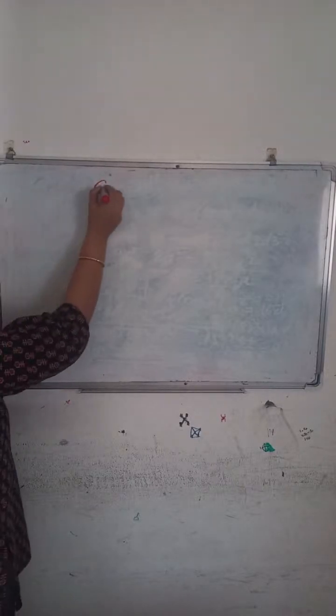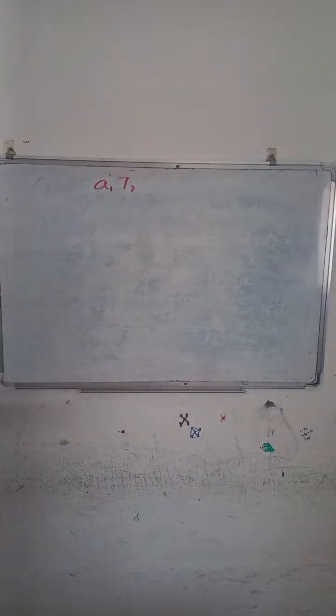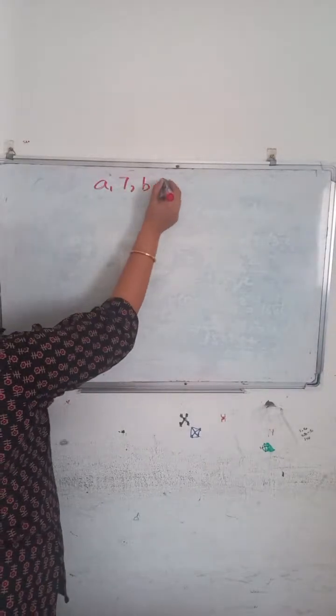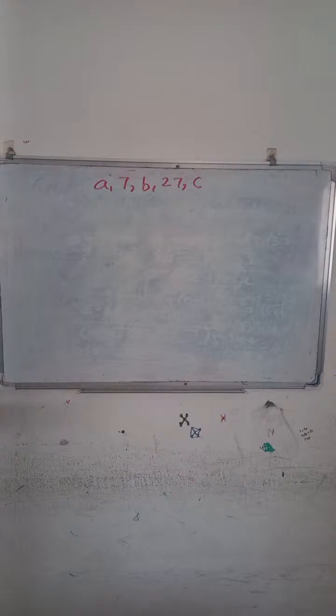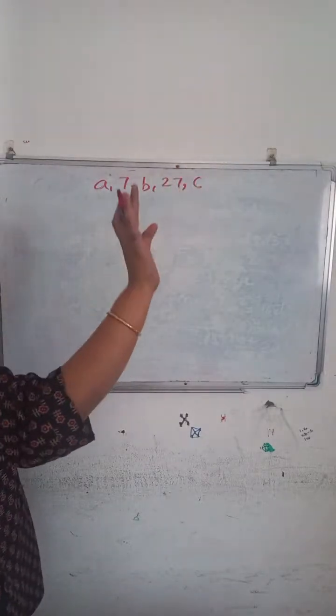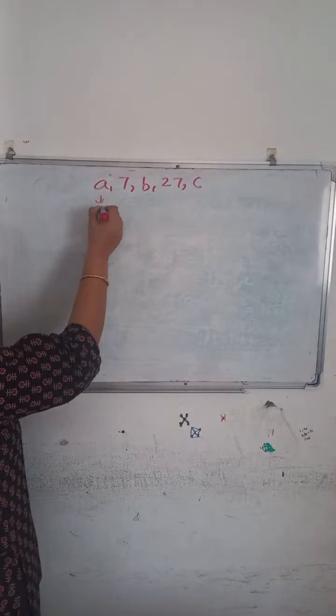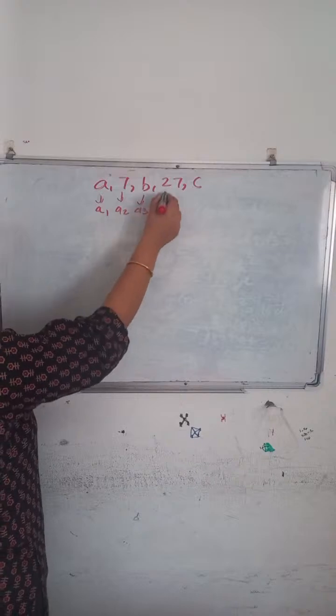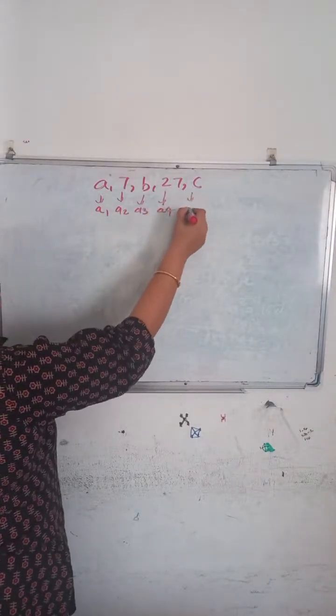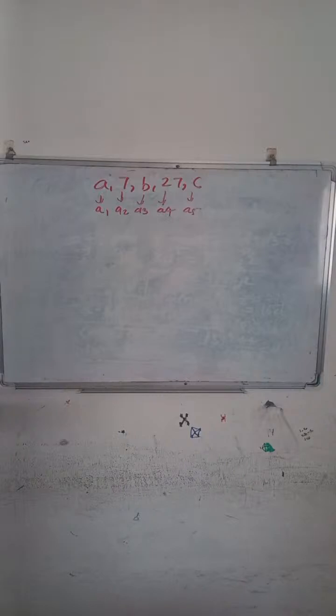Here we have A, 7, B, 23 and C. They are saying they are in AP. Here A, B, C are any random numbers, we don't know. But this is the first term, this is the second term, this is the third, this is the fourth, and this is the fifth term.